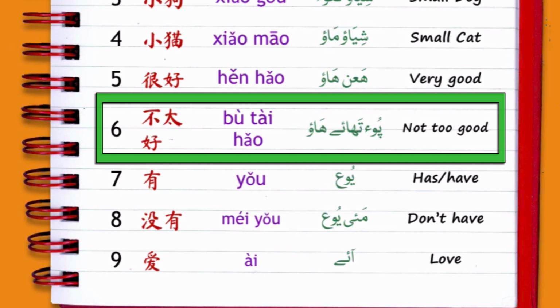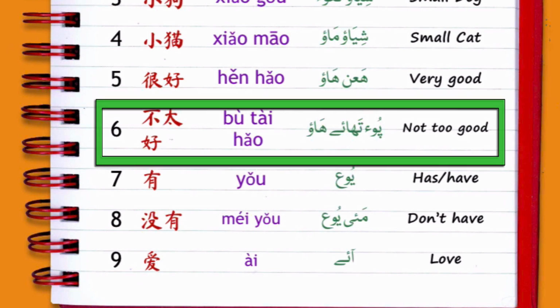Number 6. 不太好. 不 means no, 太 means too, 好 means good. So 不太好 means not so good, not too good.